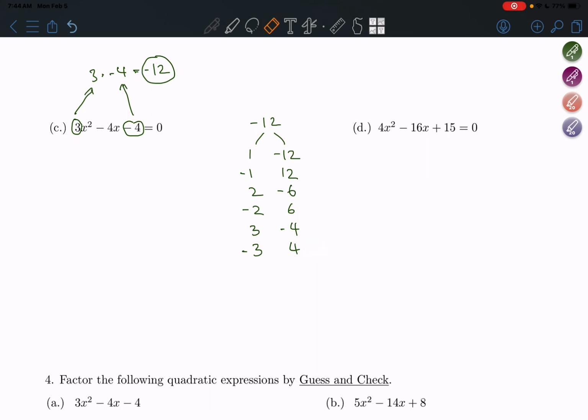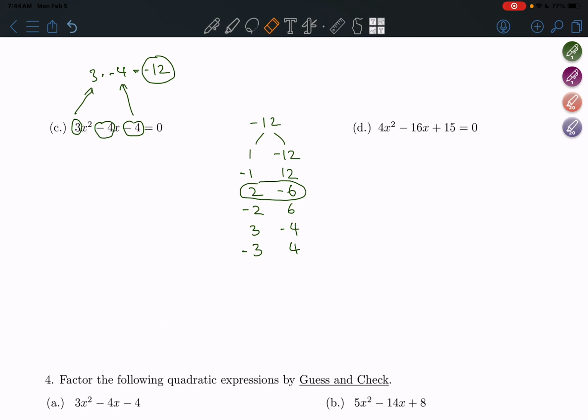So once we got the factors, we're going to ask ourselves the same question: which one of these adds up to that negative 4? And again, there should only be one, assuming that the quadratic is factorable, and that is right here. Okay, the 2 and the negative 6.